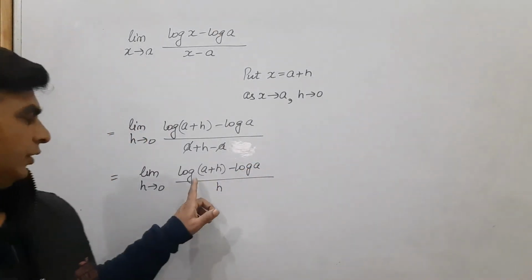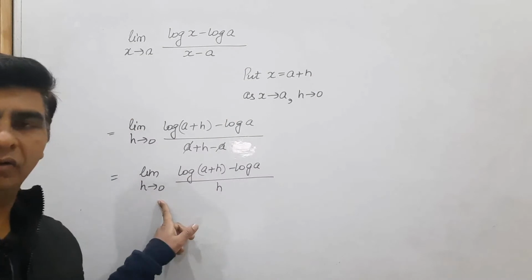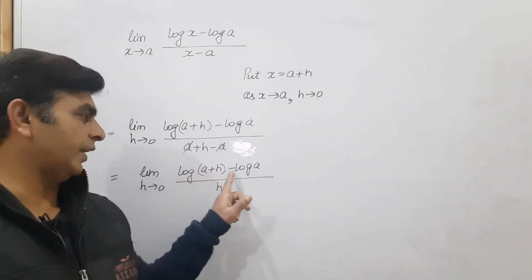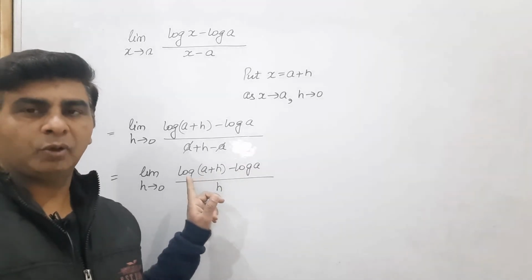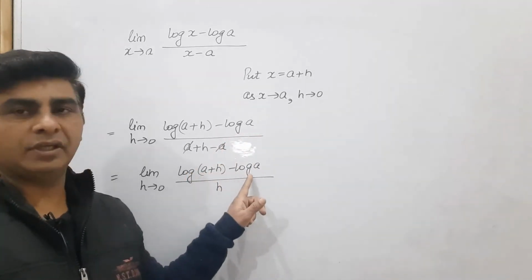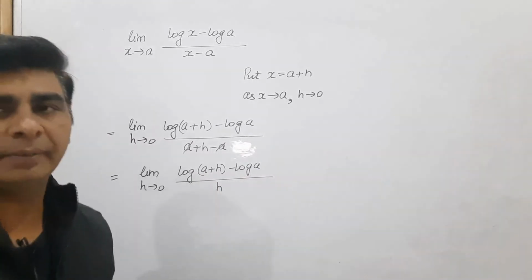Now let's see, this limit is now approaching to 0, but the problem is there, this is log of a plus h minus log a. You can apply the property of logarithm function which I have told you, that if log m minus log n is there, this can be written as log m upon n.